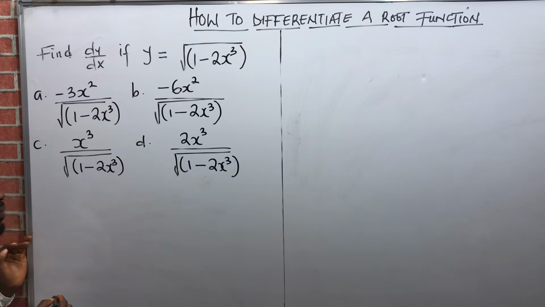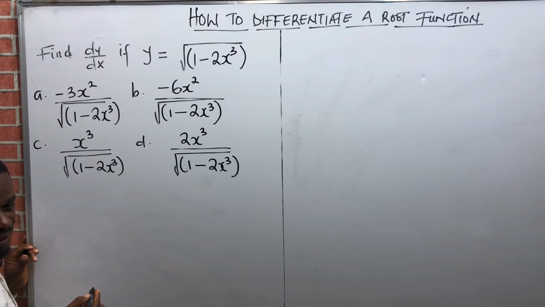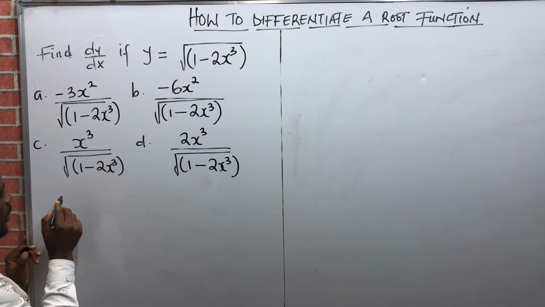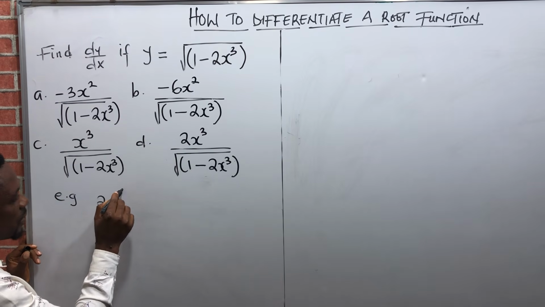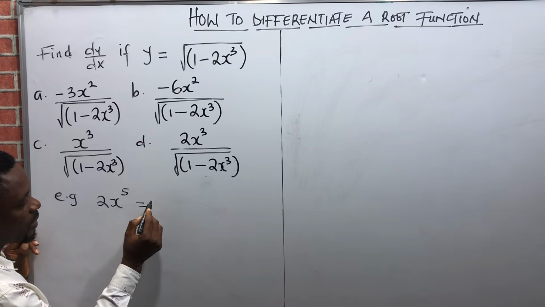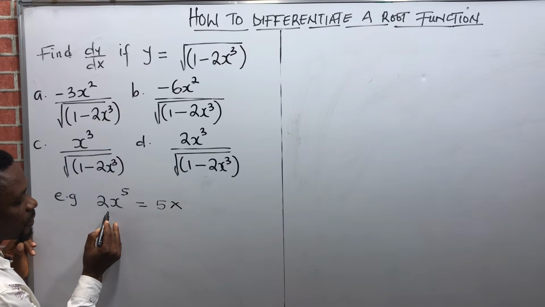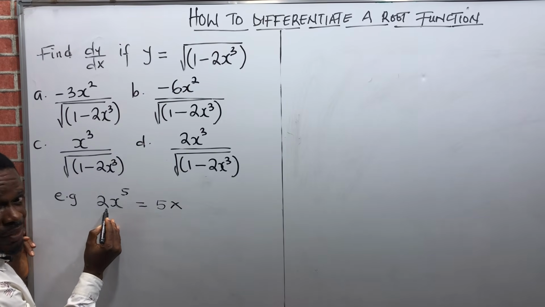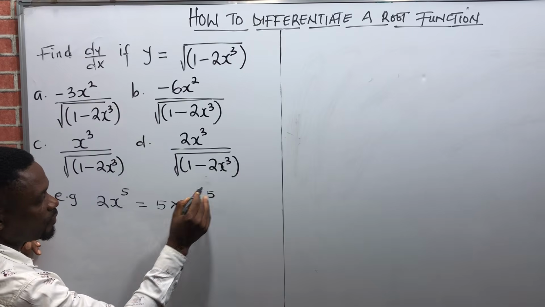Now, the first thing I would like us to consider is how do we differentiate functions? Let's take, for instance, that you are given something like 2x raised to the power 5 to differentiate. The first thing you do is to consider the power. The power is 5. Then you multiply it. Secondly, repeat the question: 2x raised to the power of what? 5.